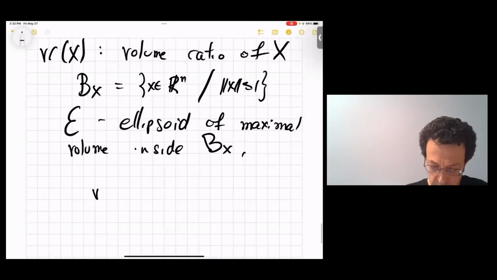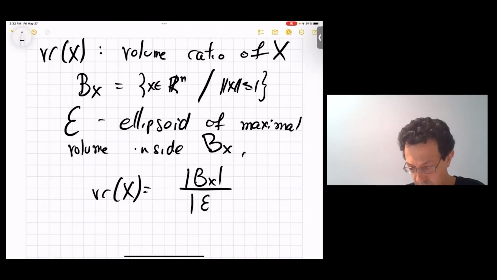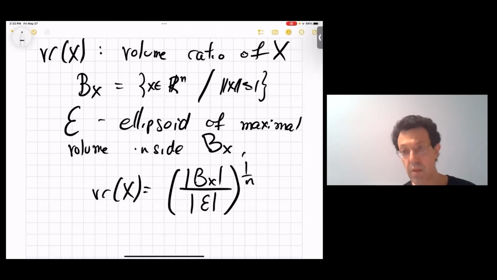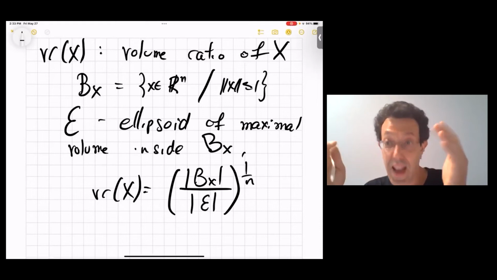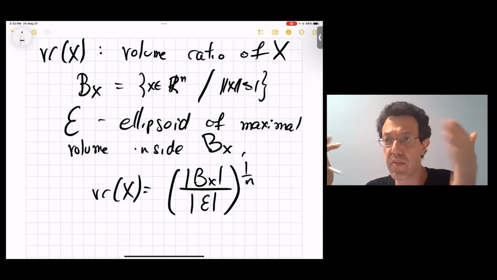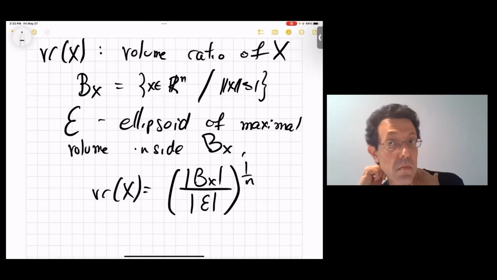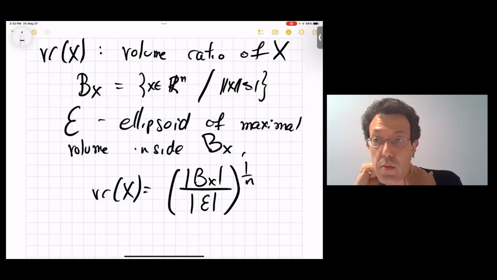The volume ratio is the volume of the ball divided by the volume of E, taking the nth root. So look at the best approximation, in the sense of volume, of the unit ball of X by an ellipsoid. This is what the volume ratio of X is.